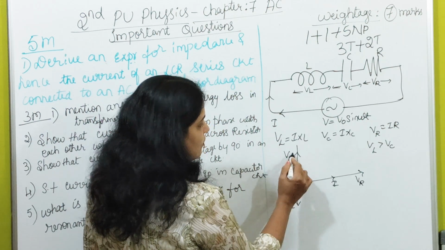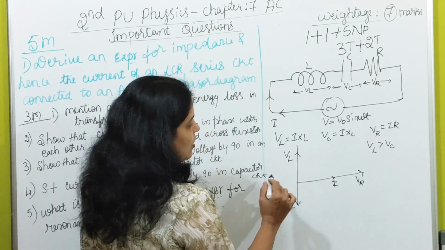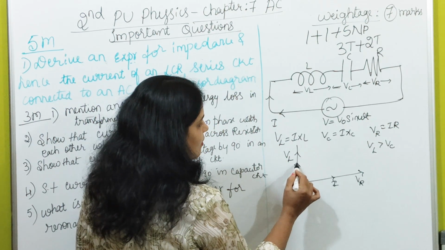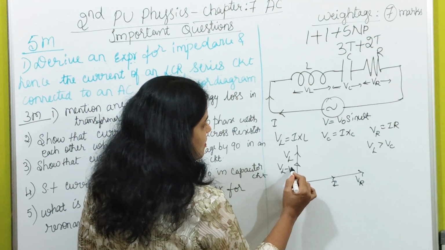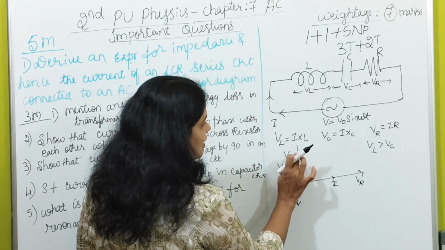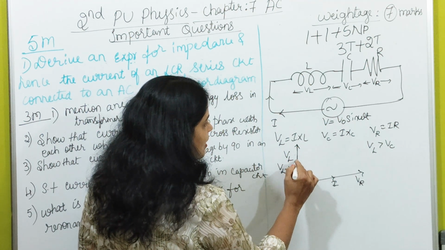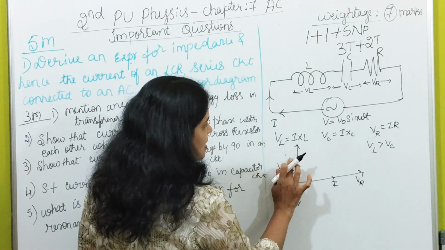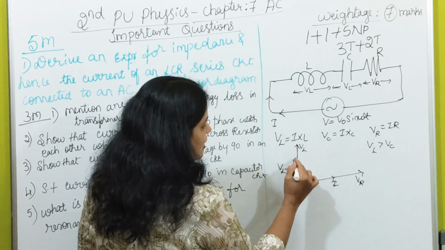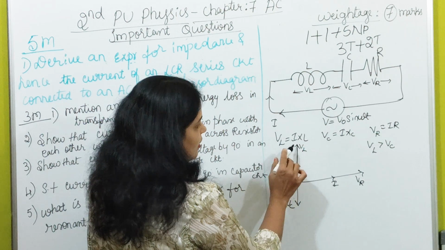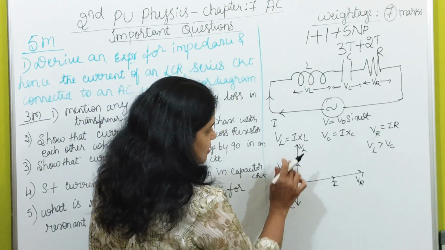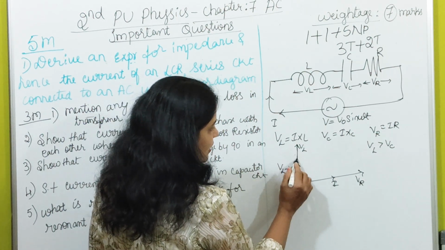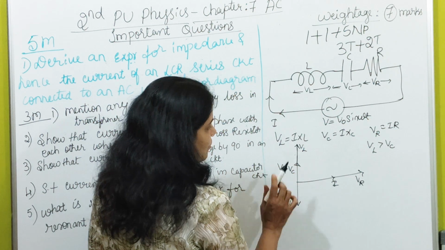Now reduce VL and VC into one. Let this be VL minus VC, because VL is greater than VC. The resultant is acting along the direction of the greater one, that is VL.